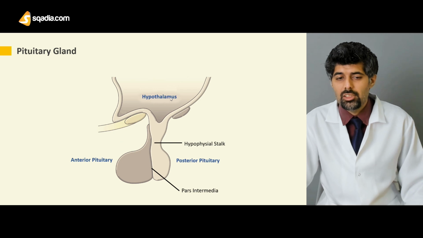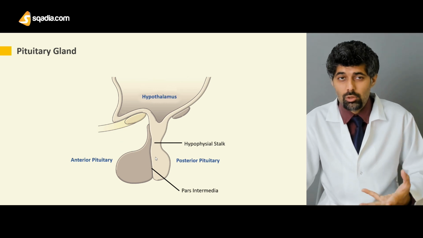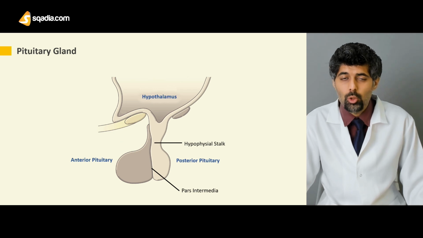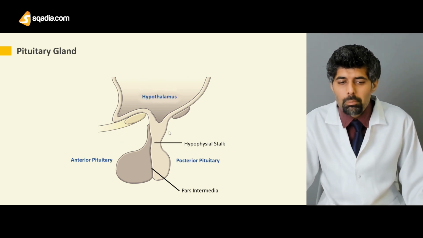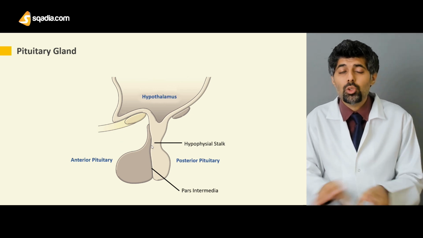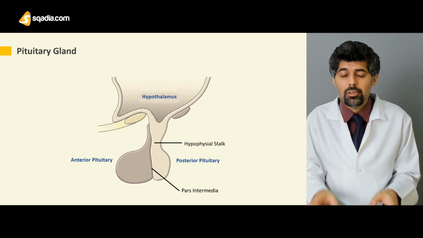They are synthesized in the hypothalamus, transported through the stalk, usually in the axons, through the axoplasm, and into the posterior lobe. So, any problem with the stalk will result in the total disruption of the function of the pituitary gland.